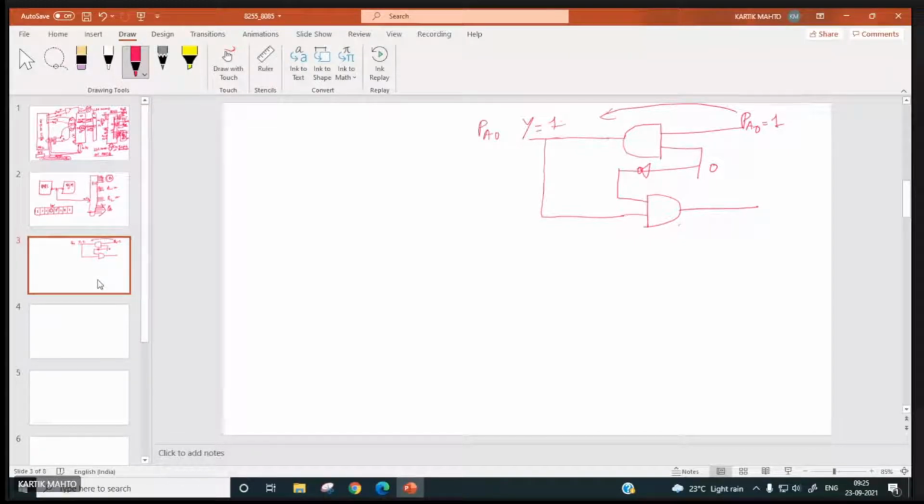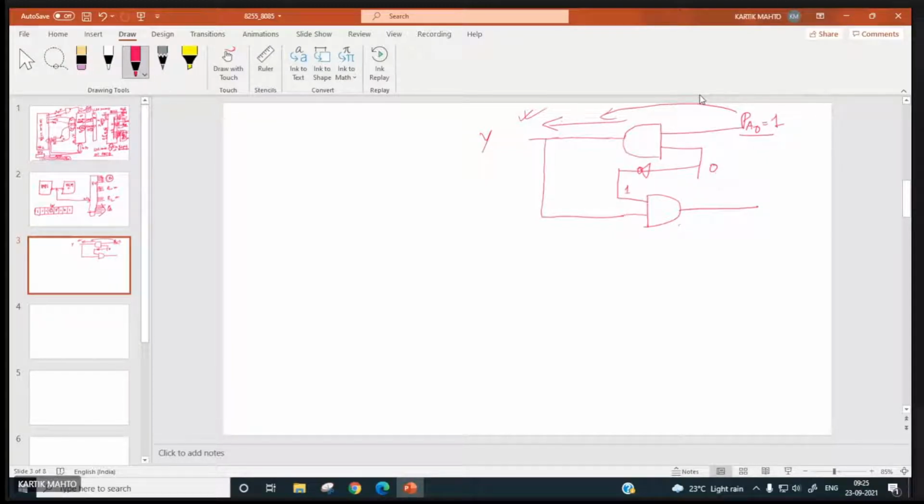PA0 is going to come this side. PA0 will travel in this direction or not? If this is 0, then PA0 is not going to appear at this point. But at the left side we'll get 0, and on the right side PA0 nothing is connected, so it will be 1 only. So this will be 1.